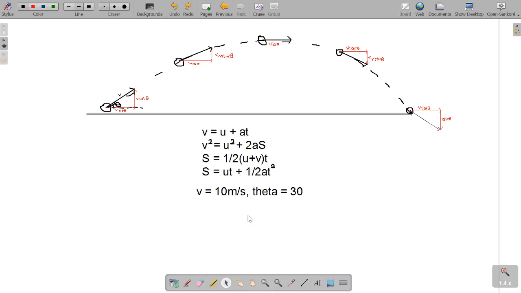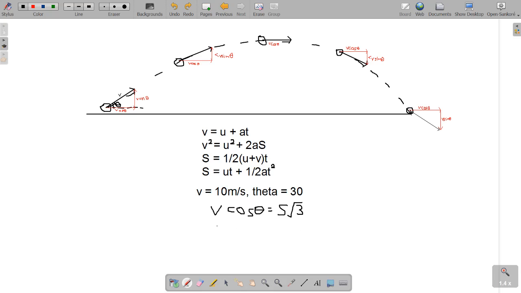Okay, so here the horizontal component of v at the start is v cosine theta, which equals 5 root 3. Use your trigo.